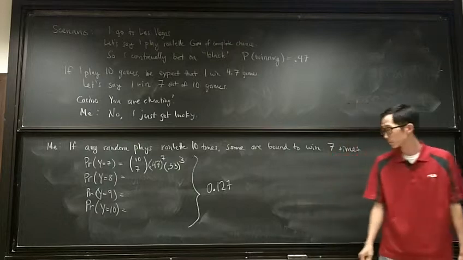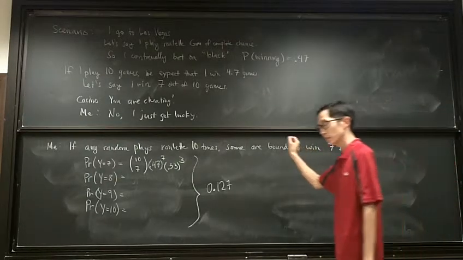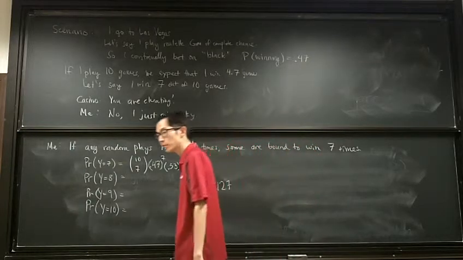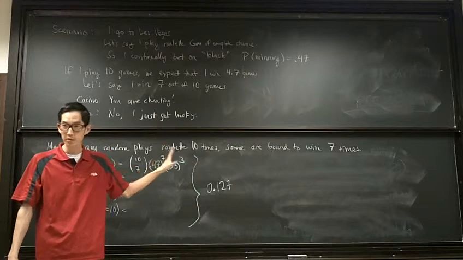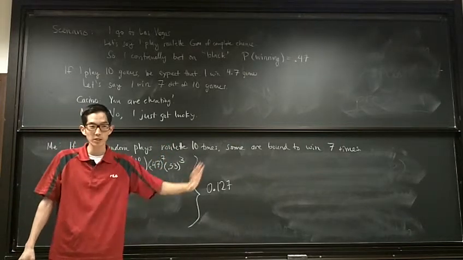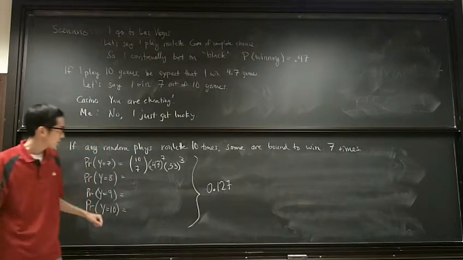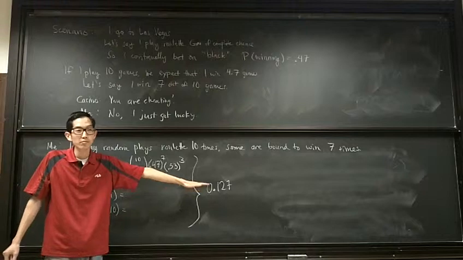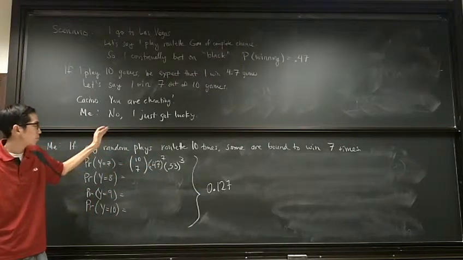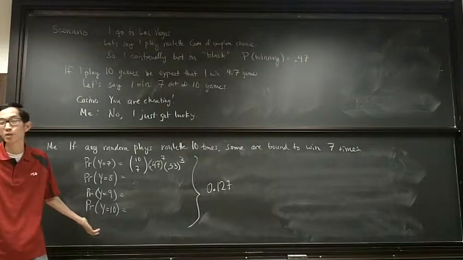Okay? So that means even if people were playing completely fair, not cheating at all, just playing roulette, if they played 10 games, about 13% of the time people will win 7 or more games, meaning these people would become accused of cheating.